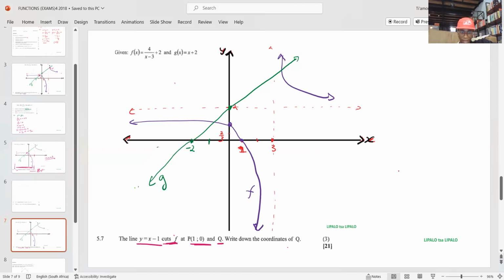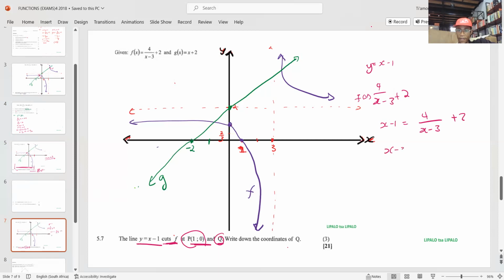Where it cuts, here are the points. It's P and Q. There are 2 points where it cuts. So I can equate y equal to x minus 1 to 4 over x minus 3 plus 2. Right, this is f. So x minus 1 equals 4 over x minus 3 plus 2.